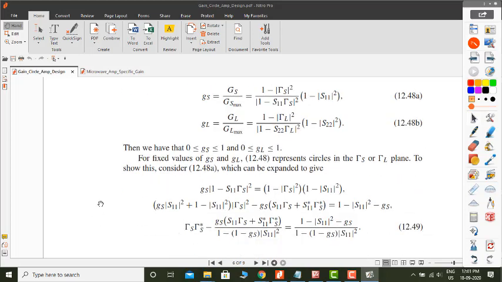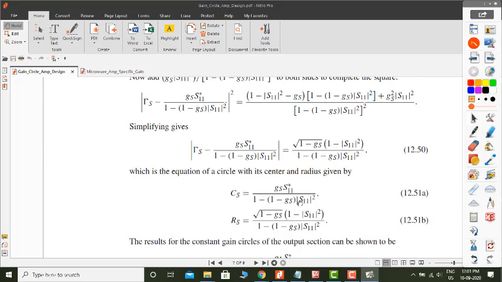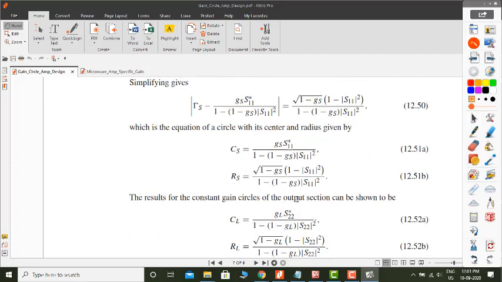For fixed values of gS and gL, these equations, 12 and 48, represent circles in the gamma S or gamma L plane. When we cross multiply gS with this expression and do the mathematical manipulation, this expression will be the equation of a circle, with its center CS and radius RS.